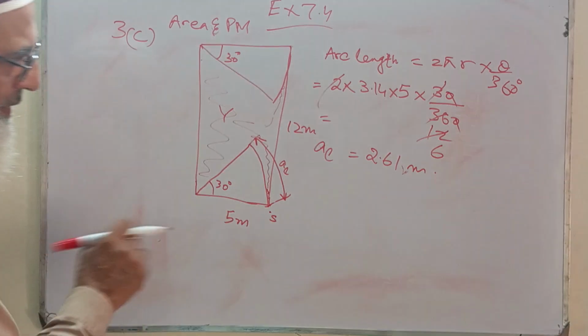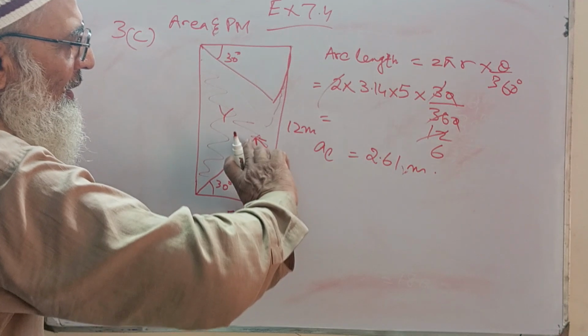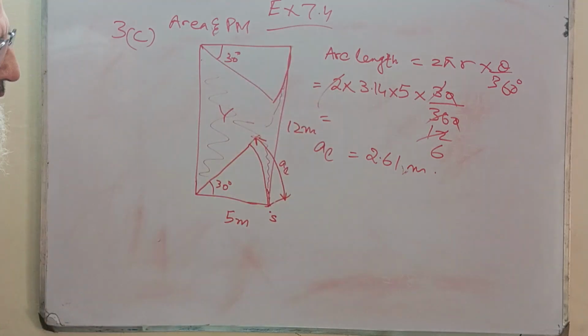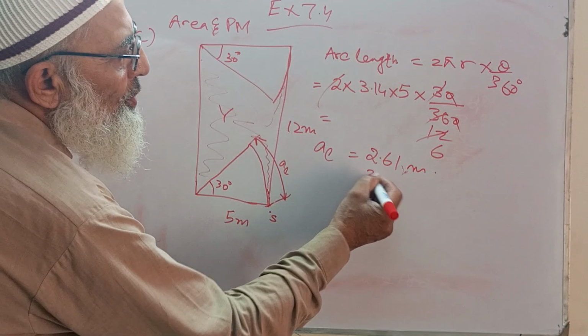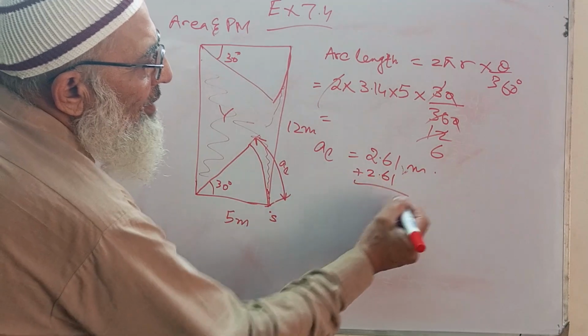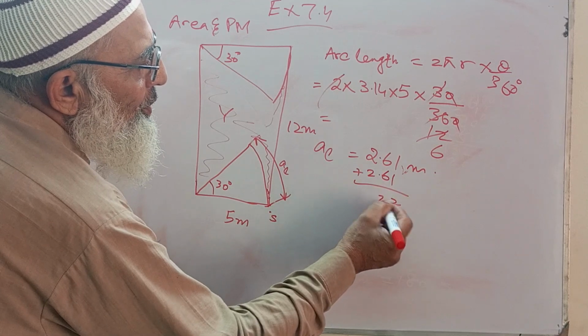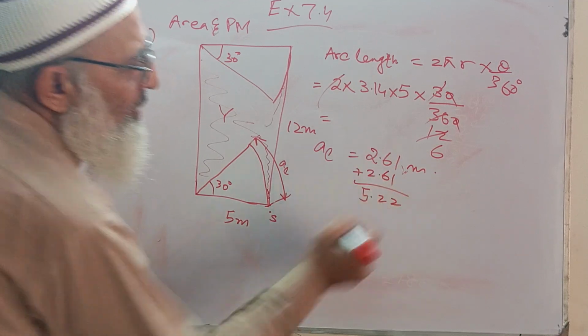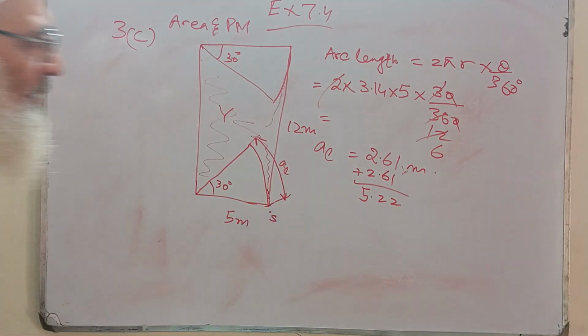Now you see that this arc length is equal to this arc length, so we have two arc lengths. Just add these two arc lengths, 2.61 and 2.61, which is 5.22. Just forget the meters.